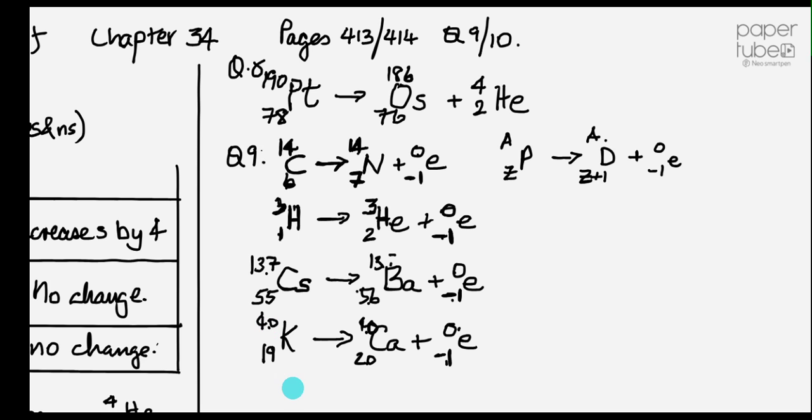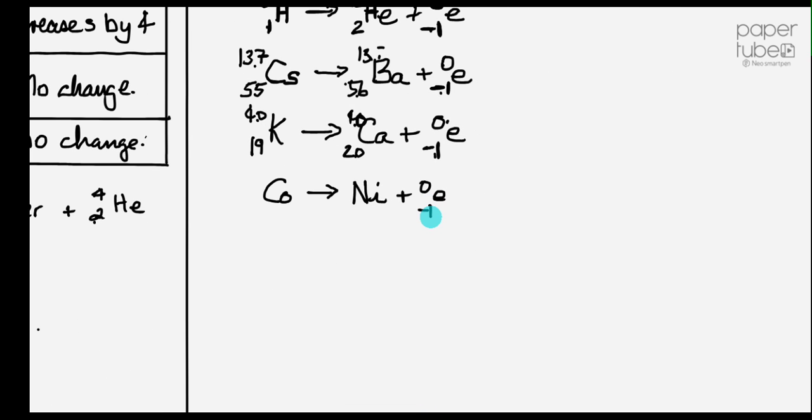Now the cobalt disintegrating to give you nickel and a beta particle. The nickel has an atomic number of 28 and atomic mass of 60. So the cobalt must be 27 over there and 60 up there, because 28 take away 1 is 27, and 60 add 0 is 60.